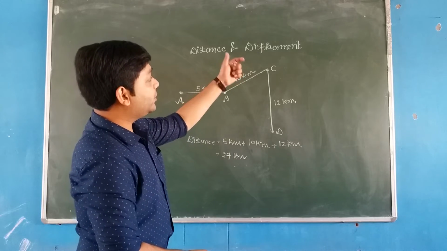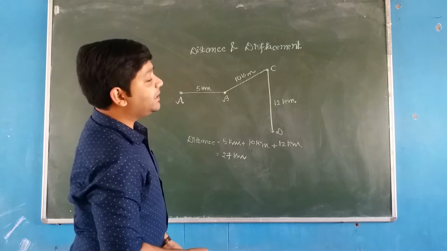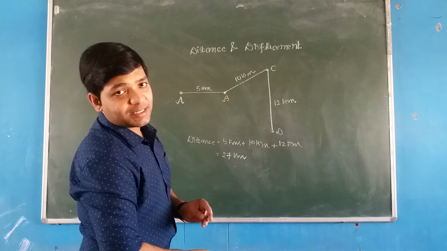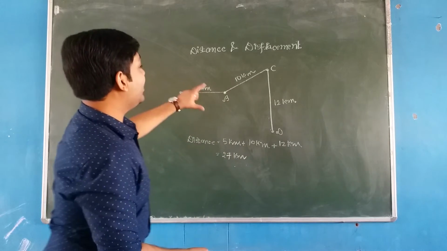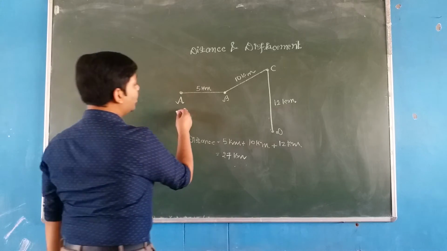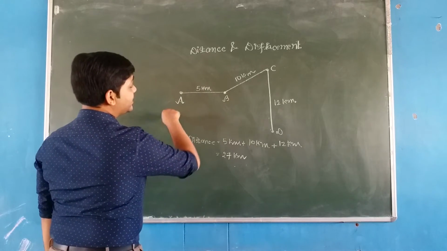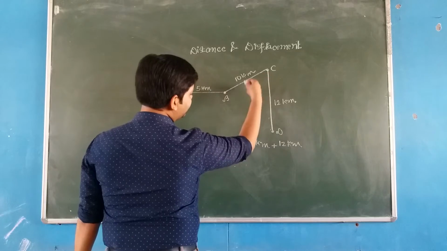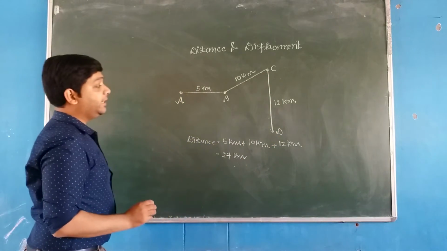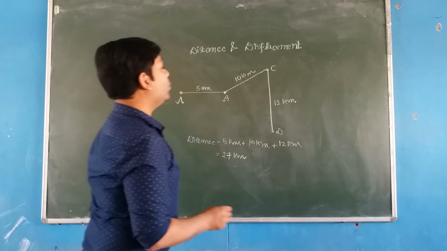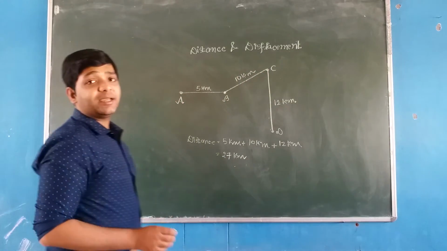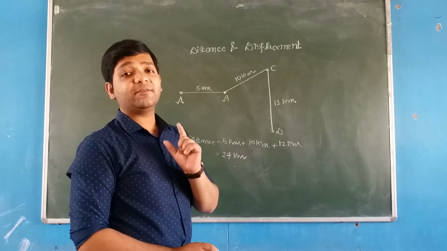But if we talk about displacement, then displacement is defined as the shortest distance between the initial and the final points. So in this example, what does the salesman do? He travels from city A to city B, then to city C, and then to city D. Now if you want to know the value of displacement, we need to check the initial point and his final point.